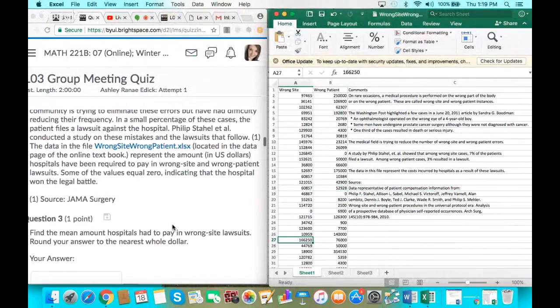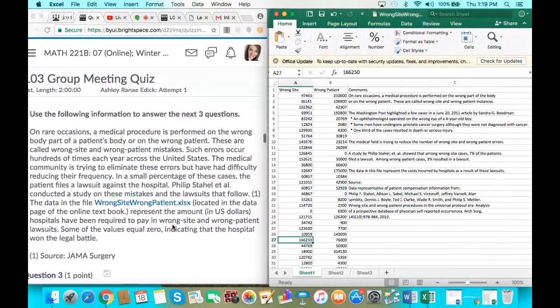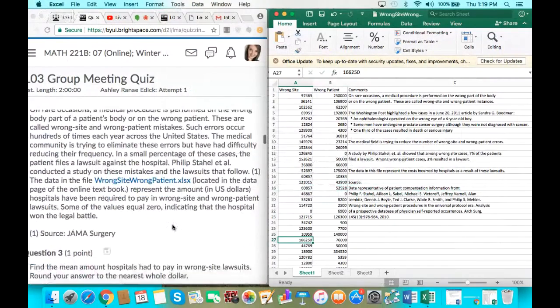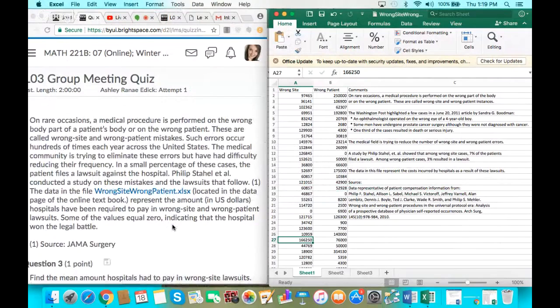So it says, okay. On rare occasions, a medical procedure is performed on the wrong body part of a patient's body or on the wrong patient. These are called wrong site and wrong patient mistakes. Such errors occur hundreds of times each year across the United States. The medical community is trying to eliminate these errors but has had difficulty reducing their frequency.